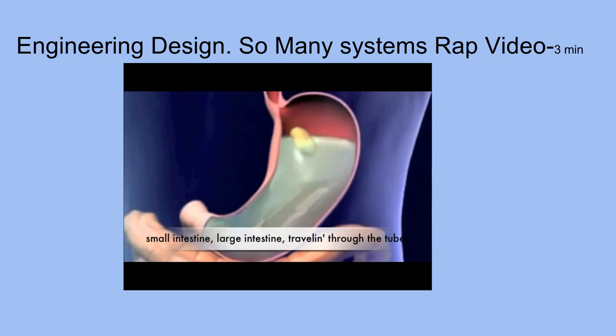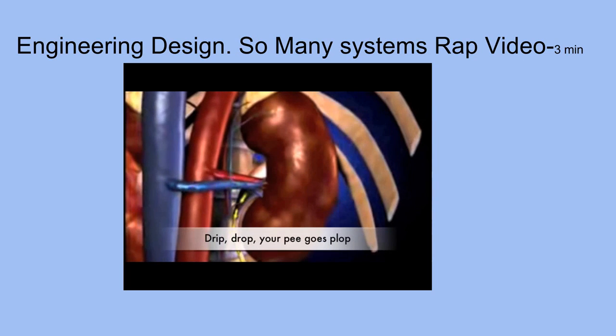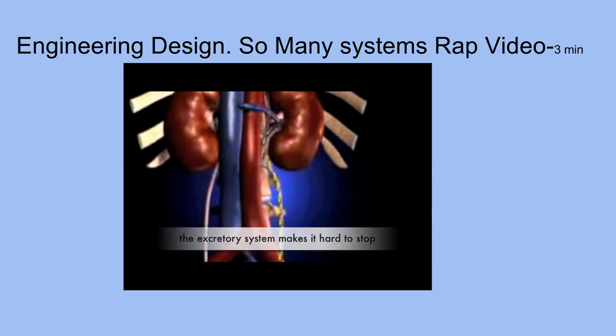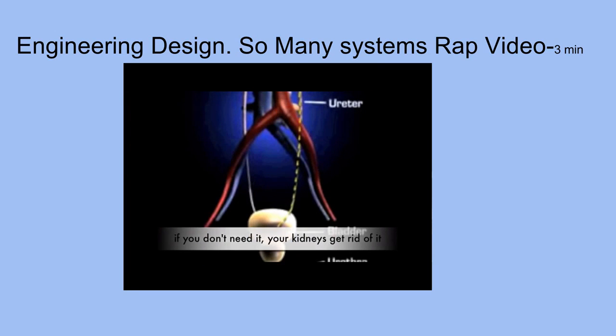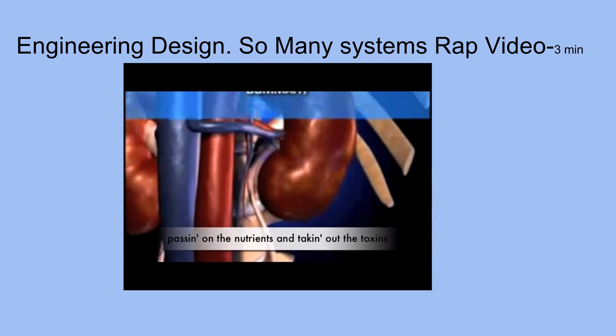Small intestine, large intestine, traveling through the tubes. My food is on a slip inside and then it turns to poop. Your pee goes pop. The excretory system makes it hard to stop. Getting rid of waste, your body sees as poison. If you don't need it, your kidneys get rid of it. Bladder, urethra, and even your skin, passing on nutrients and taking out the toxins.